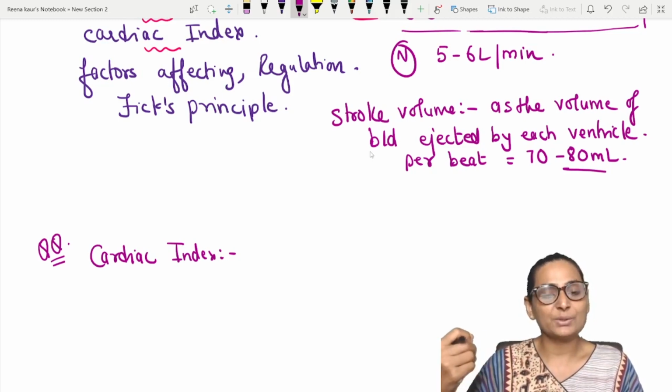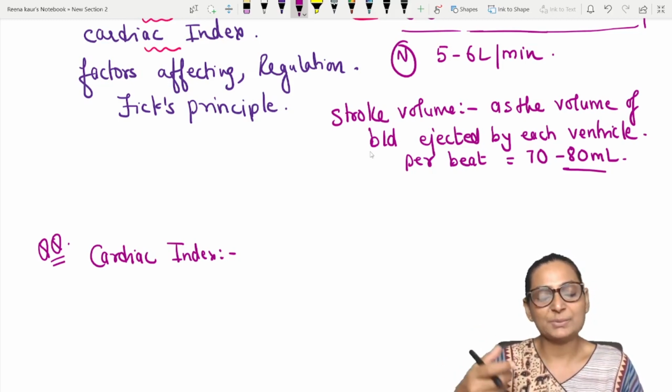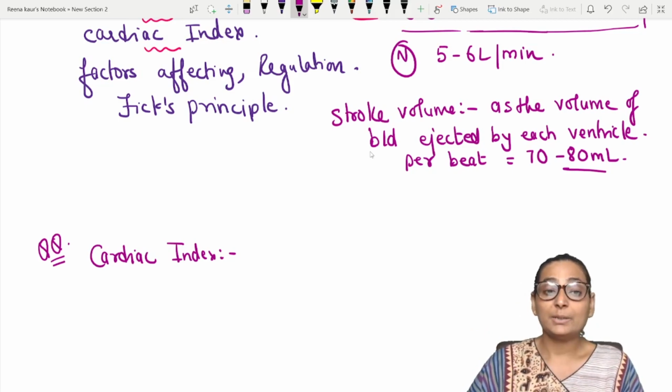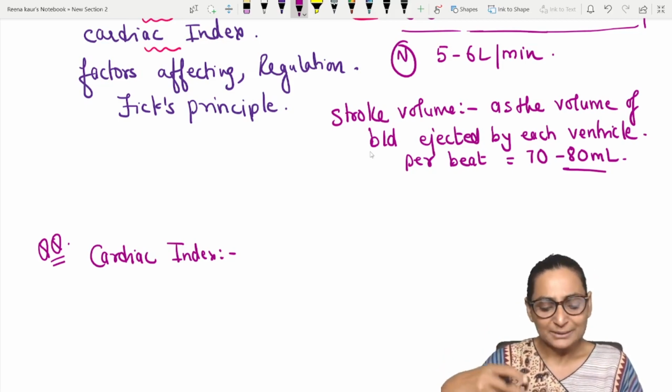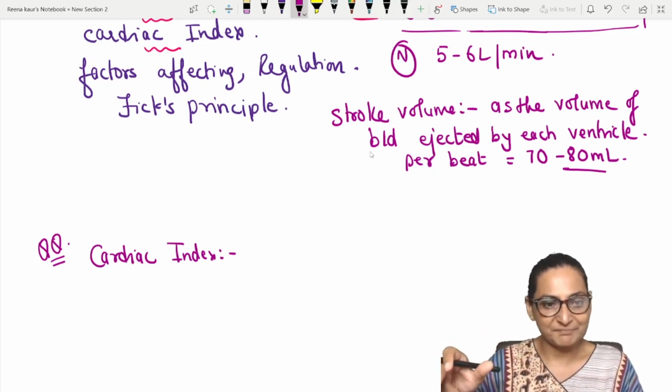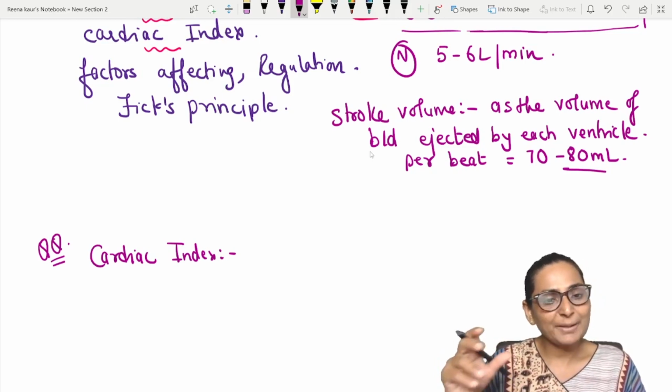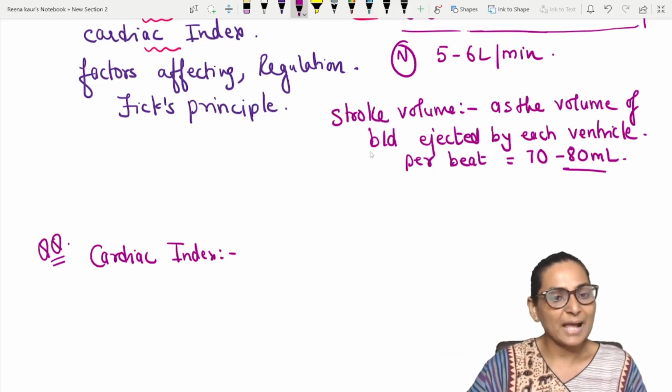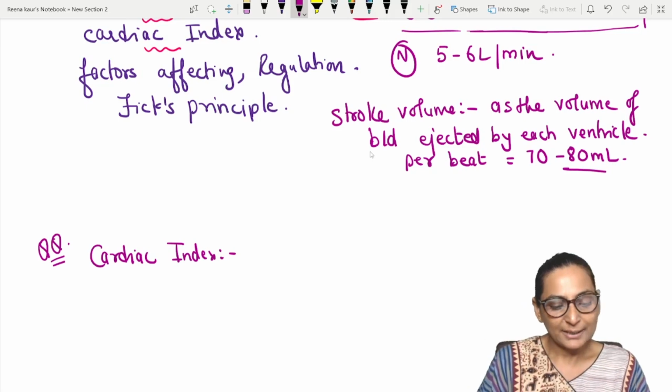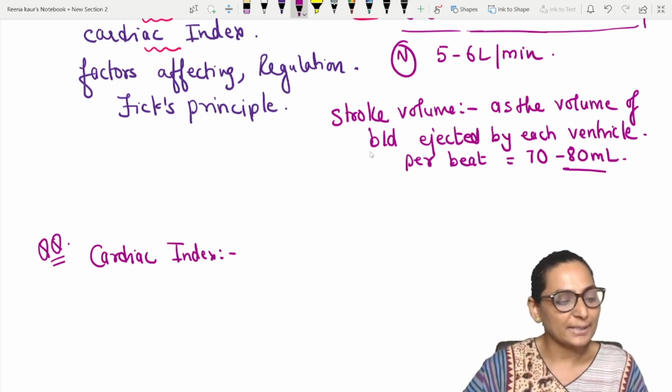It varies with your basal metabolic rate, your body surface area, your metabolism. There are lots of factors affecting it. So you get a better idea from something called the cardiac index than from your cardiac output.